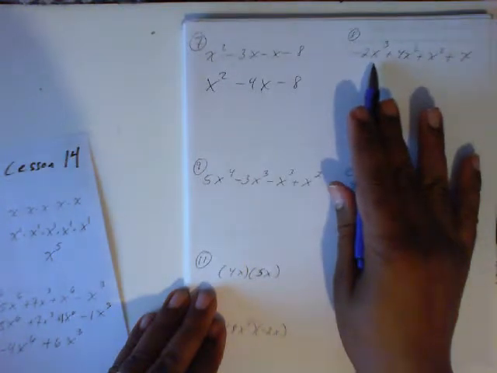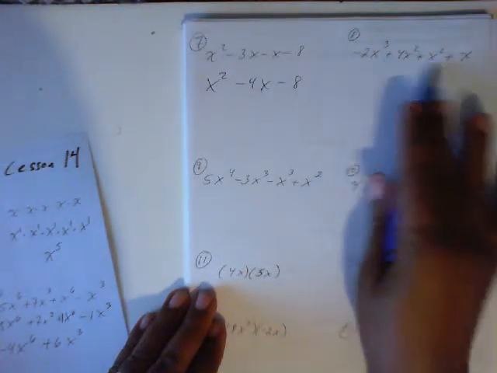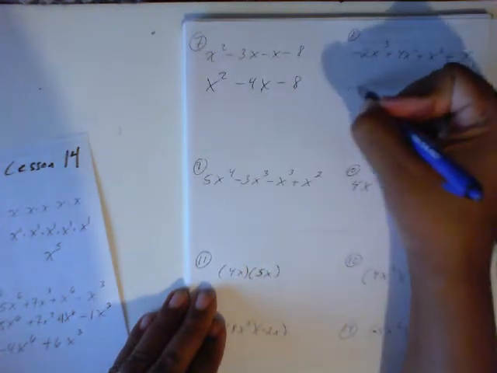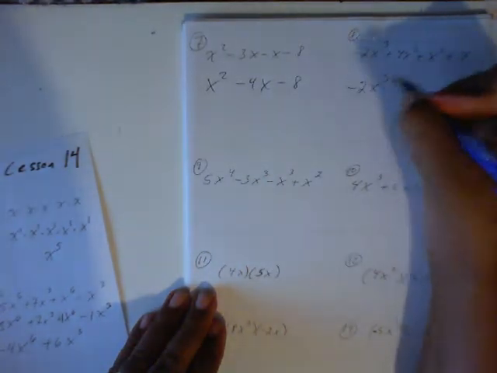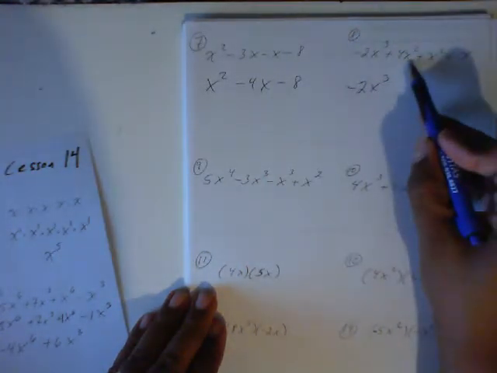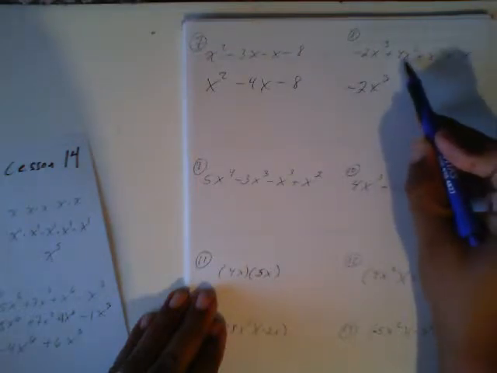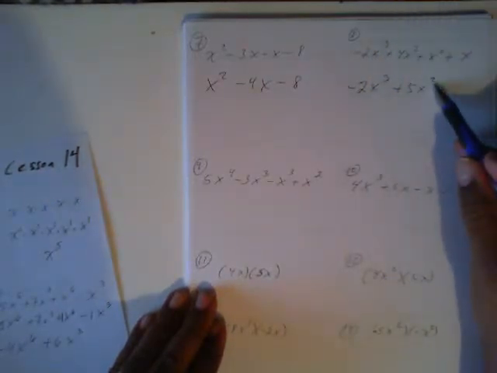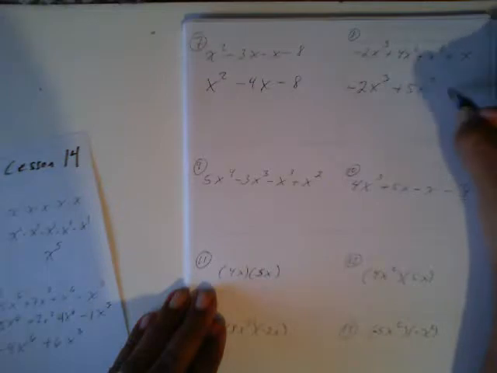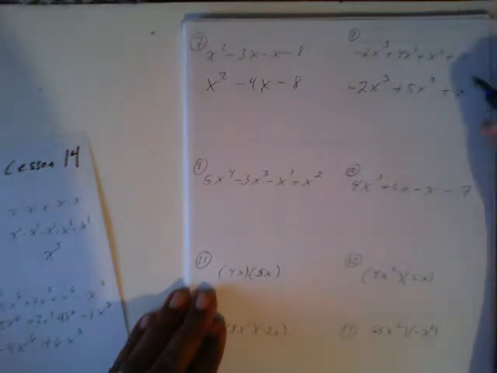This is the only x cubed term, so it's not combined with any of the terms, so we just write -2x cubed. We have two x squared terms, a 4x squared and a 1x squared. Combining the 4x squared and the 1x squared, we get 5x squared. Again, the power does not change. The x is the only x term here, so we just bring that down.